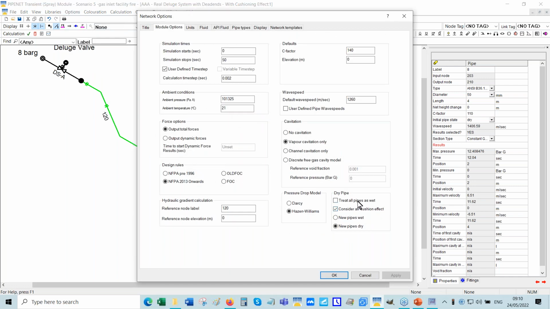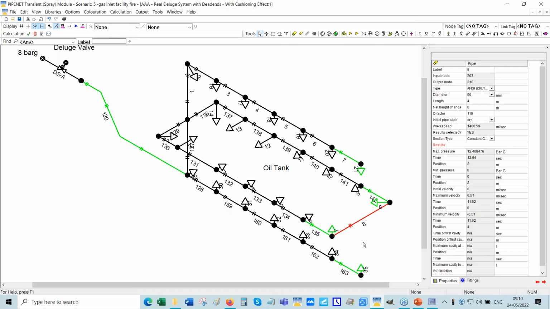Let's see that the air cushioning effect is switched on here. And the beauty of this is that the oscillation of the air volume here works all the way back to that nozzle and creates oscillations in the flow rate there.